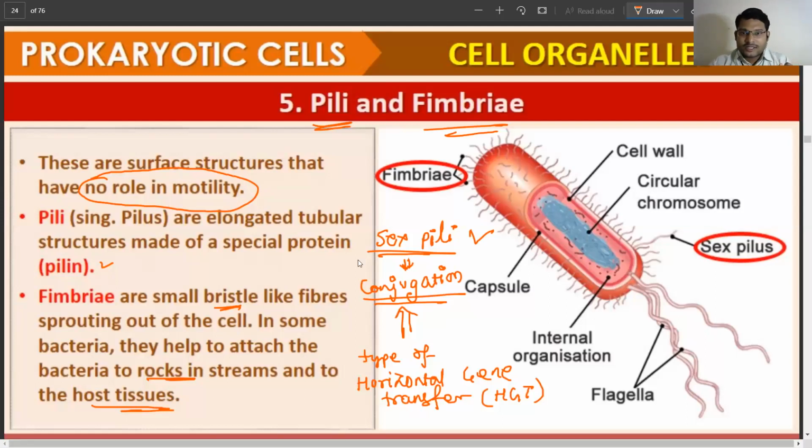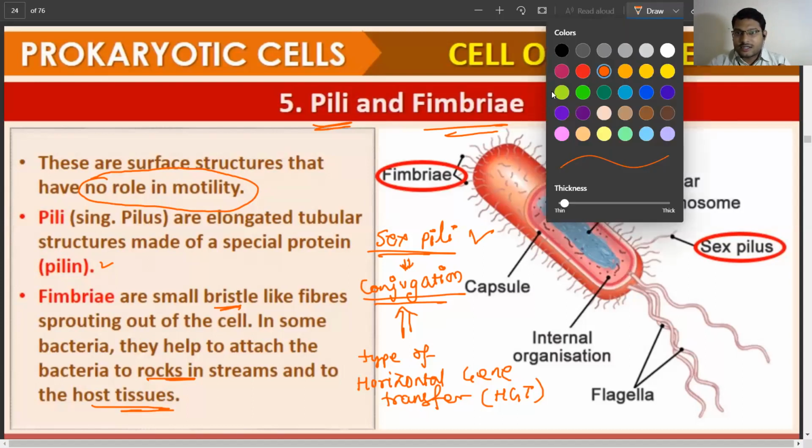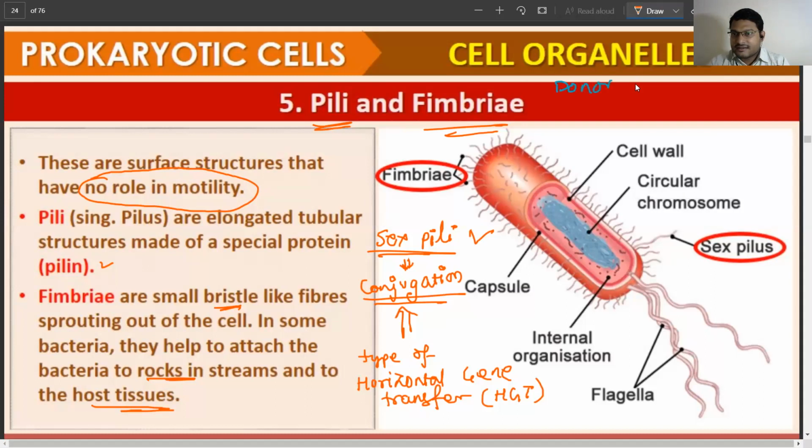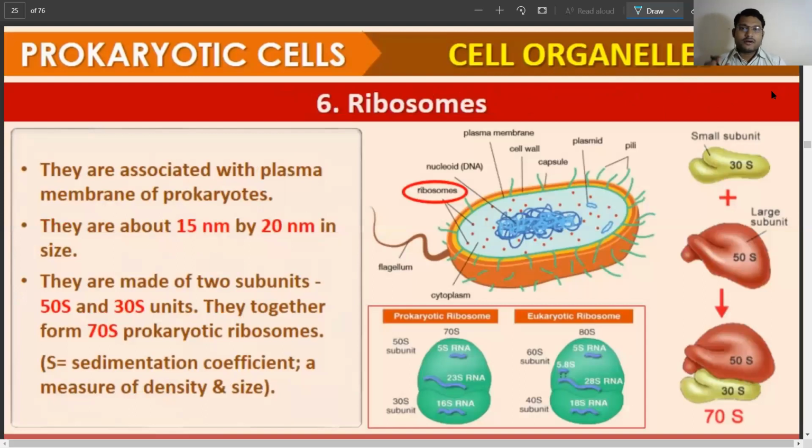So there is something called the donor strain and the recipient strain. These two strains are connected through the sex pili, and from the donor strain the genetic material gets transferred to the recipient strain. That is the process of conjugation, which is one type of horizontal gene transfer that we see in prokaryotic organisms.